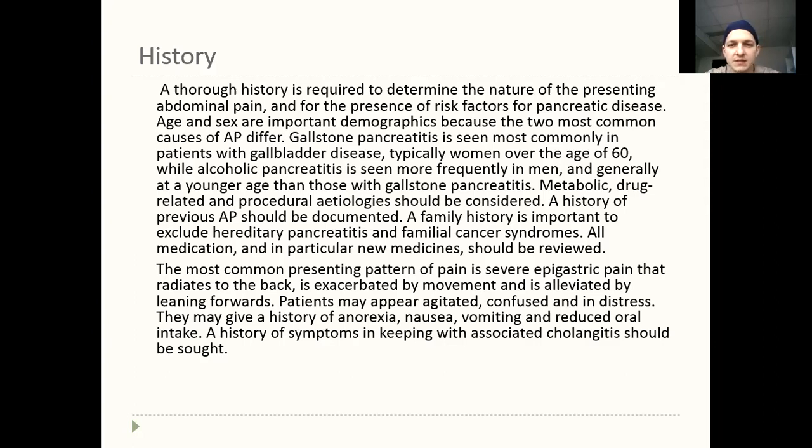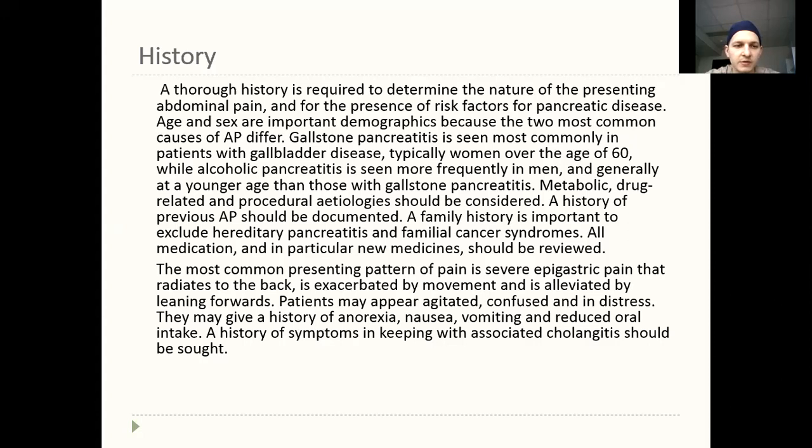Gallstone pancreatitis is seen most commonly in patients with gallbladder disease, typically women over the age of 60, while alcoholic pancreatitis is seen more frequently in men, and generally at a younger age than those with gallstone pancreatitis. Metabolic, drug-related, and procedural etiologies should be considered.